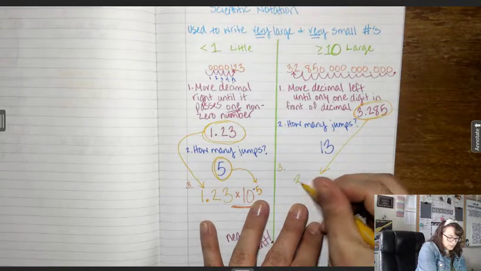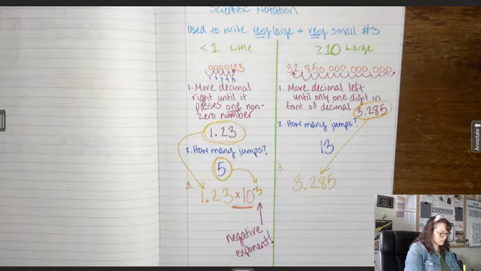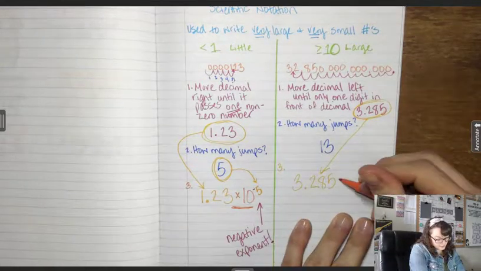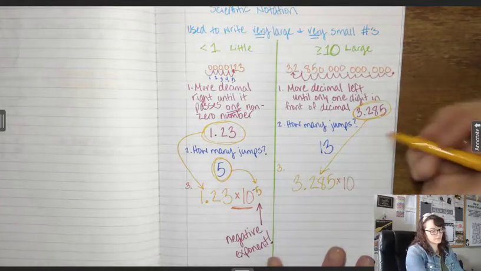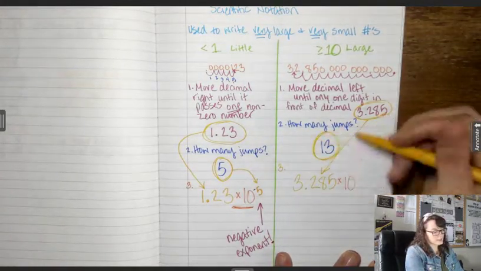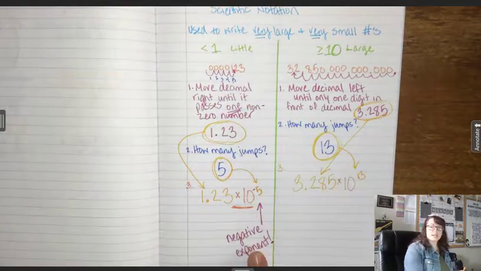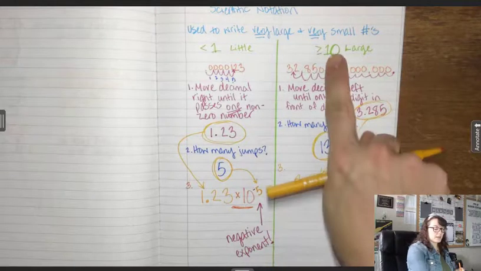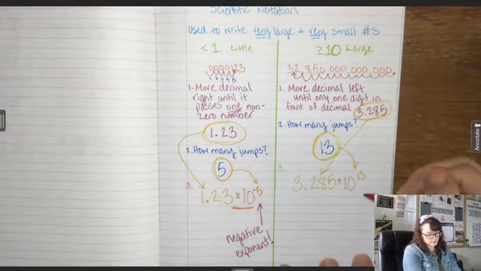So it's going to be 3.285 times 10 to the what? Positive 13. So little numbers get negative exponents. Big numbers are going to get positive exponents.